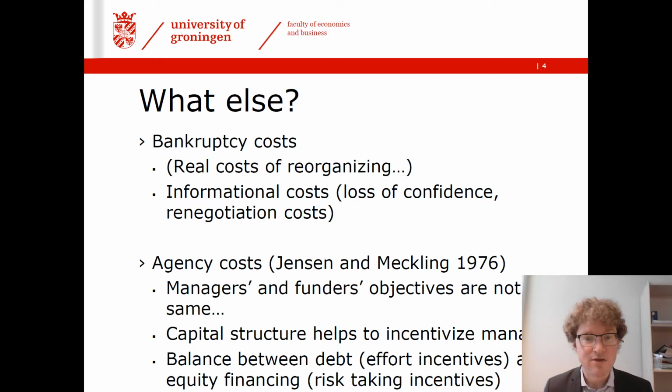But you also have to be careful with debt, because too much debt might also result in managers taking too much risk. So there also needs to be some part of equity financing which contains the risk-taking incentives for the managers of the firm. So those are agency costs that go back to Jensen and Meckling and even before.